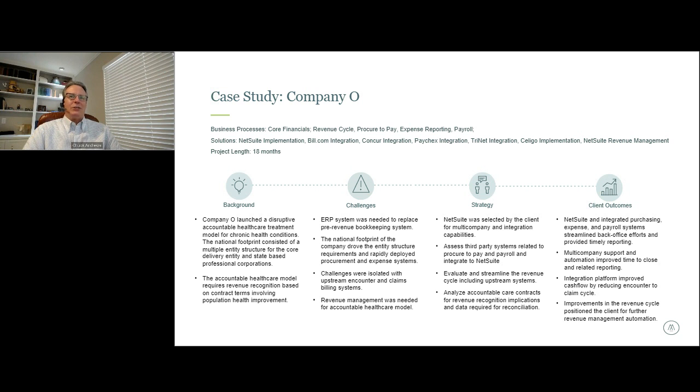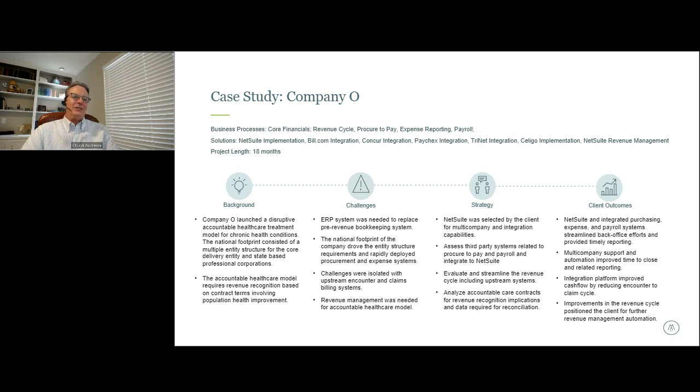And once that was established, and we had dealt with the pre-revenue requirements of payroll and procurement, we pivoted into the revenue cycle. And as we got into the revenue cycle, things got interesting. We found that there was a homegrown system for encounters.